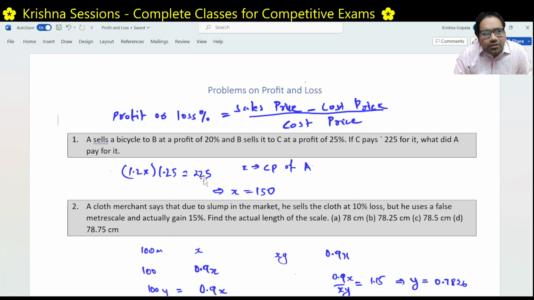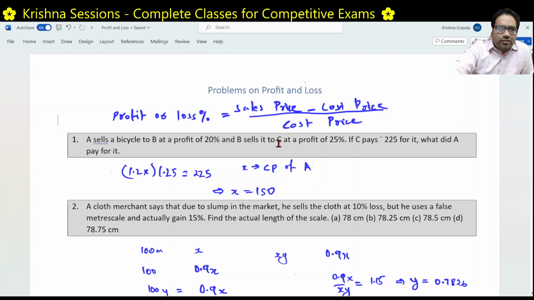What does that mean? A bought it for 150 rupees and then he made 20% profit on it. That means he made 30 rupees profit. He sold it for 180 to B and then B made another 25%. That means he made another 45 rupees profit, made it 225 and sold it to C. Right.